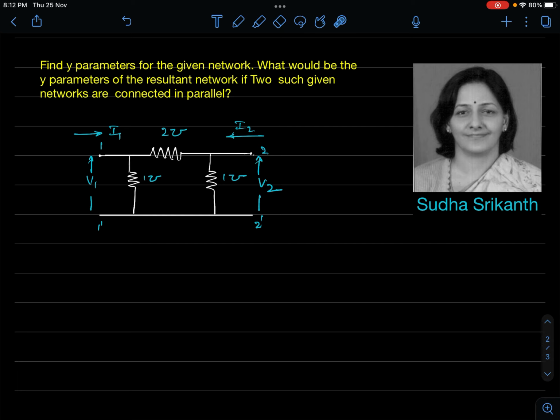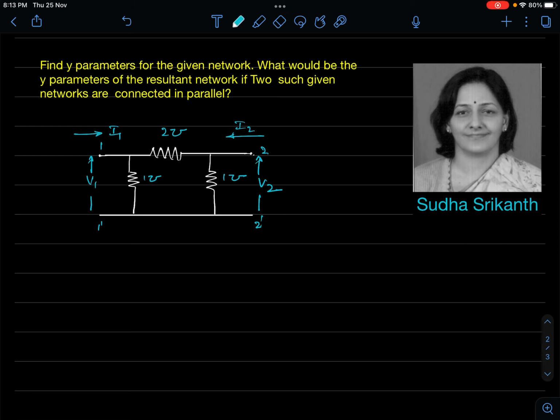If we recall, y parameters are nothing but a relationship between the two-port parameters. That means a relationship exists between the port parameters, that is V1, I1 and V2, I2. These are the four parameters we have. The relationship that exists between these four variables would define various parameters.